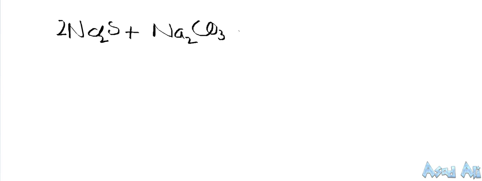Okay, now consider this equation that says 2 Na2S, disodium sulfide, reacts with sodium carbonate and with SO2 to produce sodium thiosulfate.